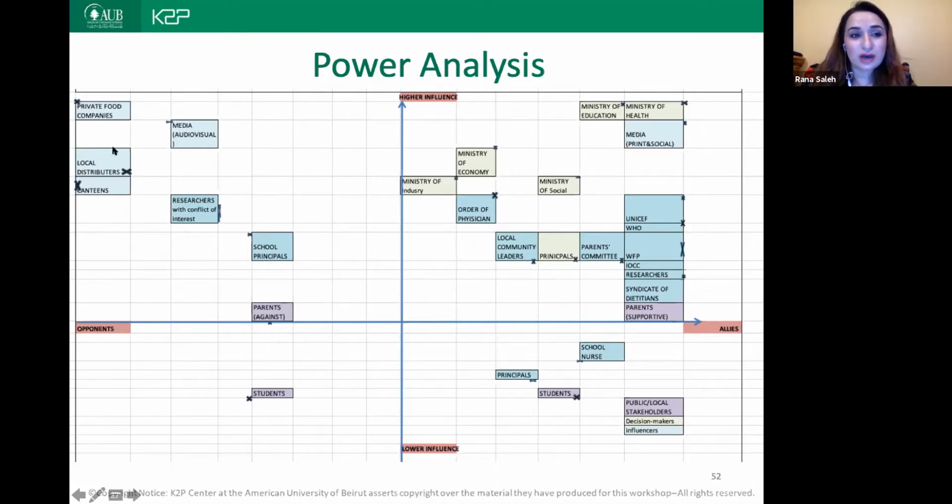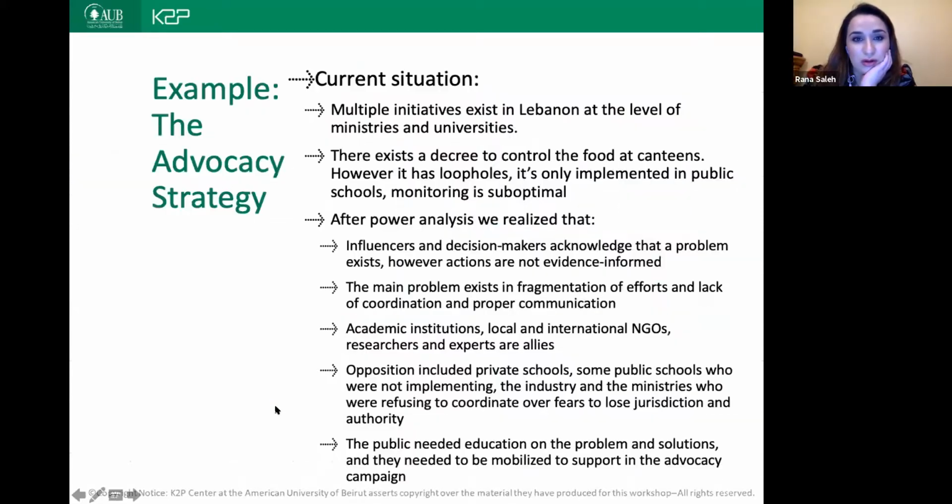And try to reach out to those people who might change their position if they knew better, or if you provide an alternative solution for them that would not harm their revenue, such as the canteen owners or the local distributors. The private food companies, maybe just regulation by the government rather than tackling them with your advocacy strategies, because how much can you do? Well, it depends on your context. So this is just an illustration for you of the importance of the power analysis tool.